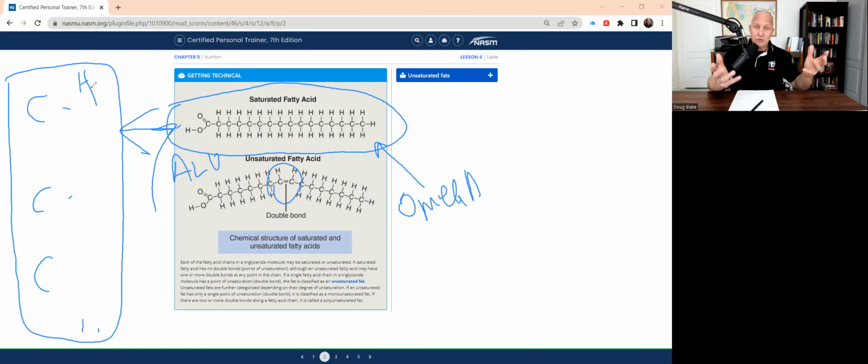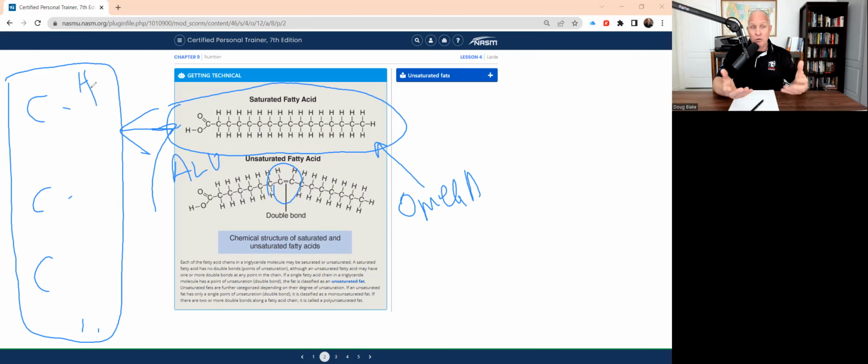So butter, what is butter? Saturated fat, right? Well, no, not really. Butter itself, that yummy stuff that you eat, contains saturated fatty acids and unsaturated fatty acids. Pretty much every natural fat out there does.